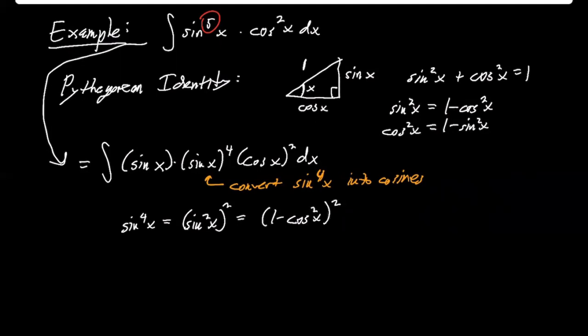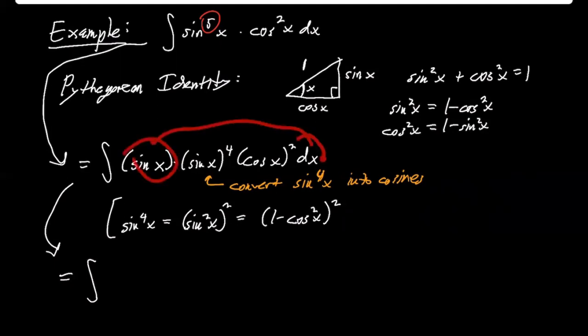So I can actually rewrite this integral now. I'm going to move this sine over here and group it with the dx, because that's going to be part of my du. And then I'm going to write everything in terms of cosine.